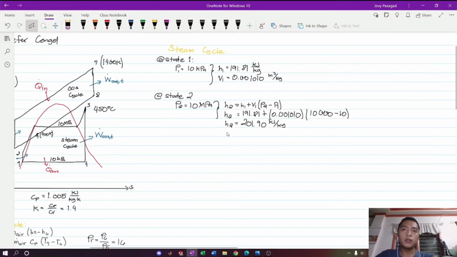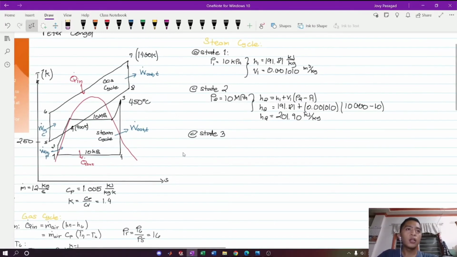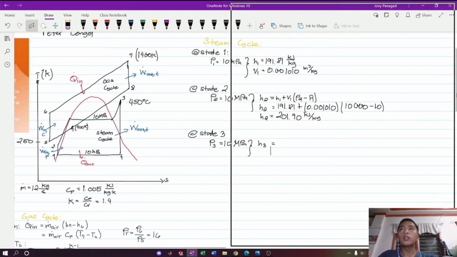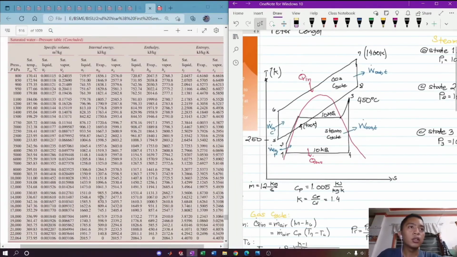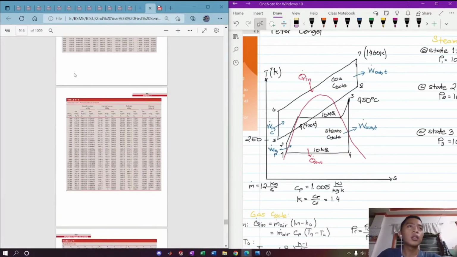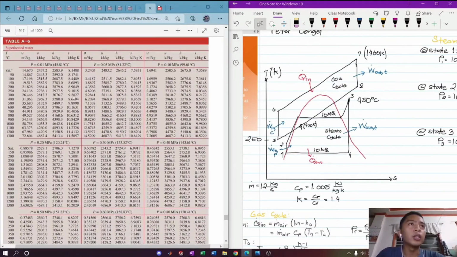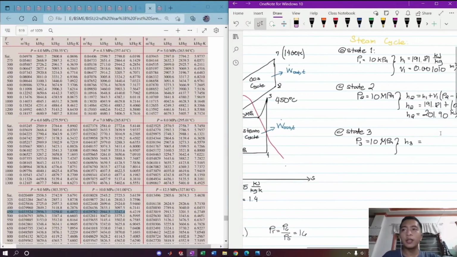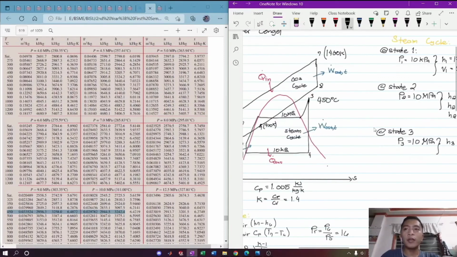Now solving for state 3. At state 3, P3 is the same, 10 MPa. So for H3, check the table. At 10,000 kPa it is superheated, whereas before it was saturated water. We know the temperature is 450 in the heat exchanger.